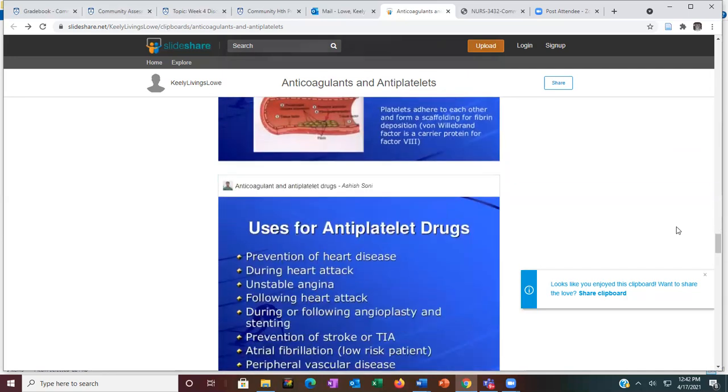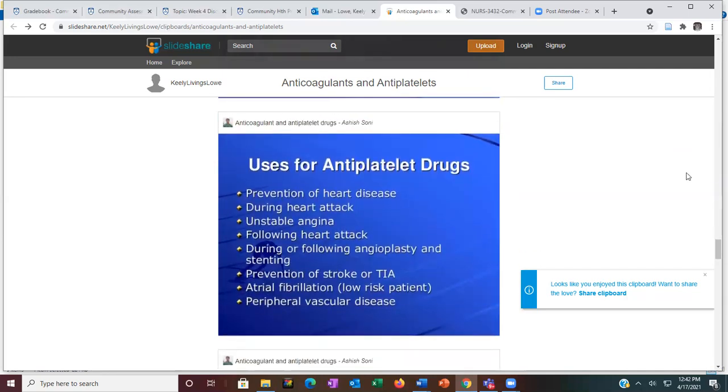Okay? Uses for antiplatelets: preventing heart disease. Okay, so instead of interfering with that huge clotting cascade we have, many times antiplatelet drugs may be given as something that is first used, or that is used to prevent things from happening instead of so invasively affecting that clotting cascade.